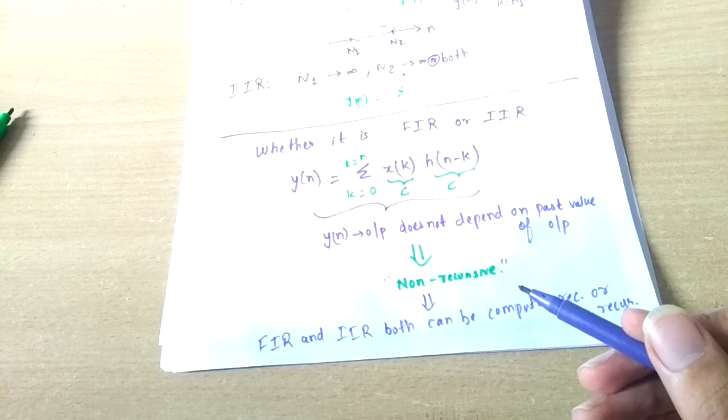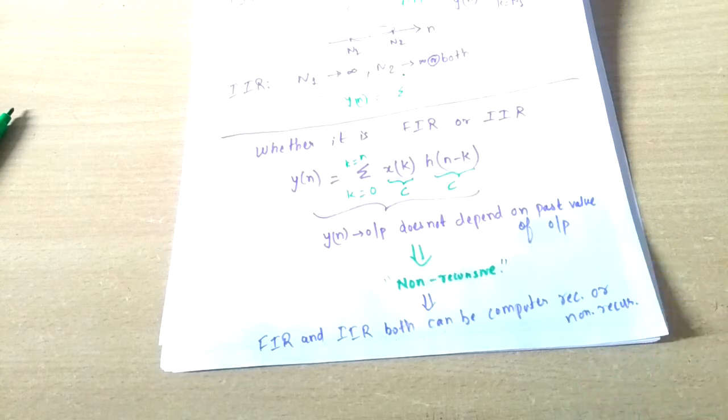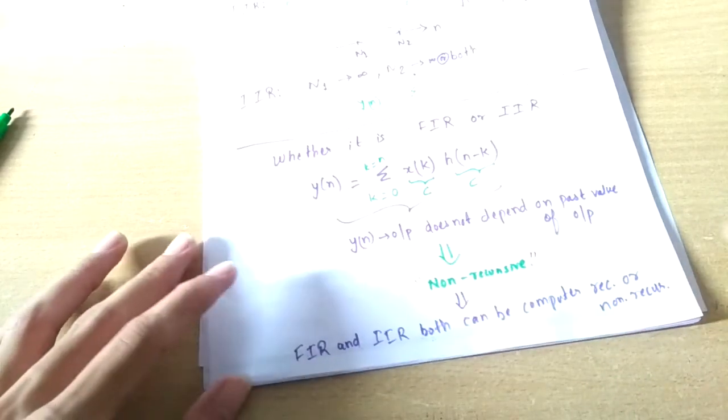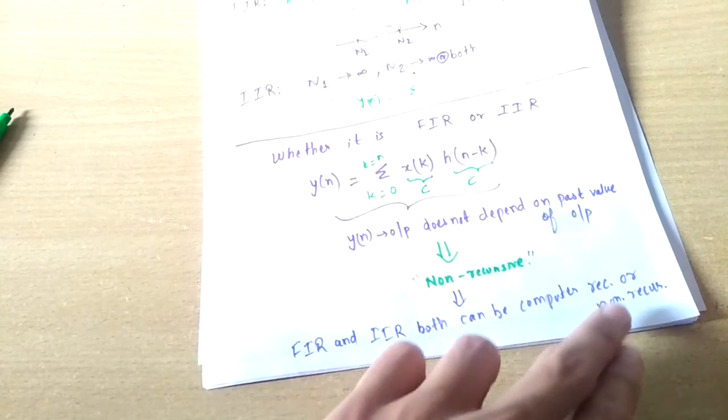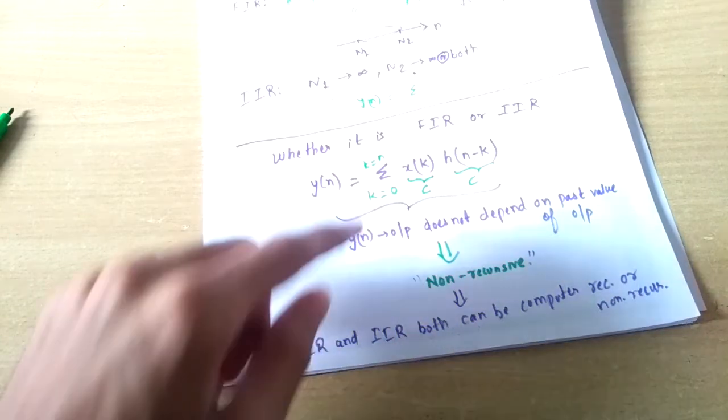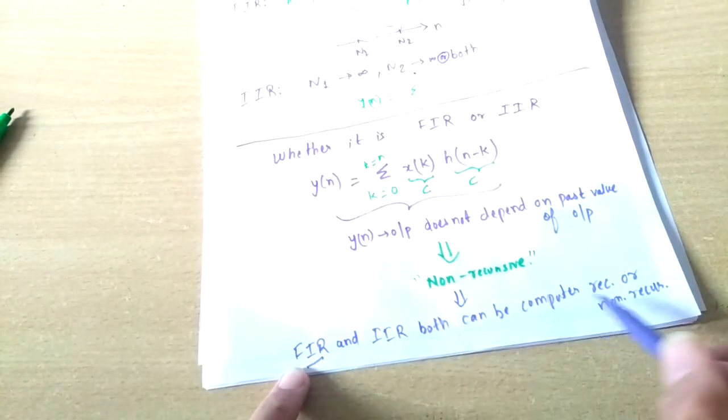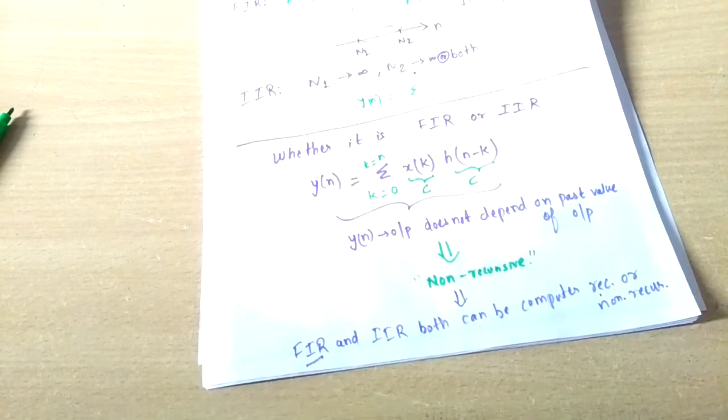I will be discussing the same thing in a few minutes. For the time being, assume that both FIR and IIR can be computed either recursively or non-recursively. By this proof I showed that FIR can be computed either recursively or non-recursively, right?